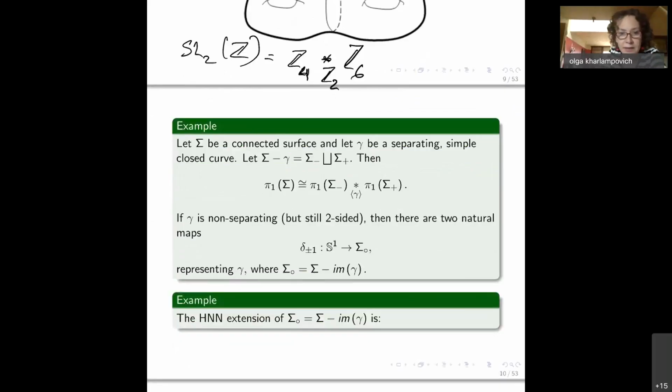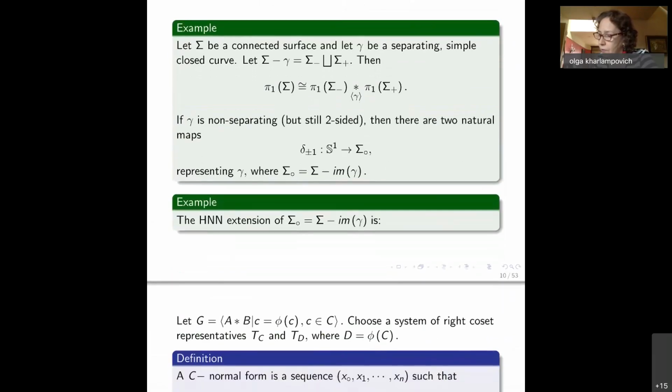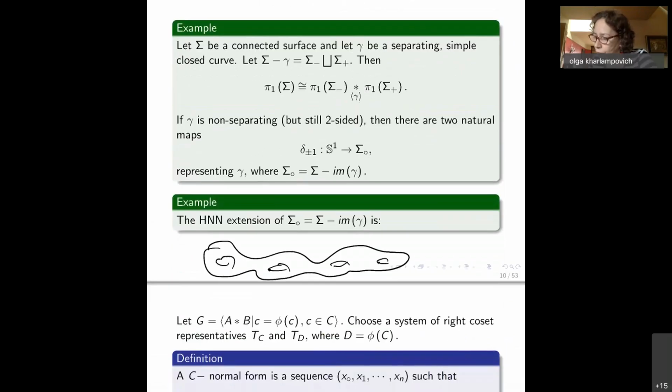But there is another construction, which is called the HNN extension, the Higman-Neumann-Neumann extension. Imagine that we have a surface again, and we take a non-separating simple closed curve, something here.